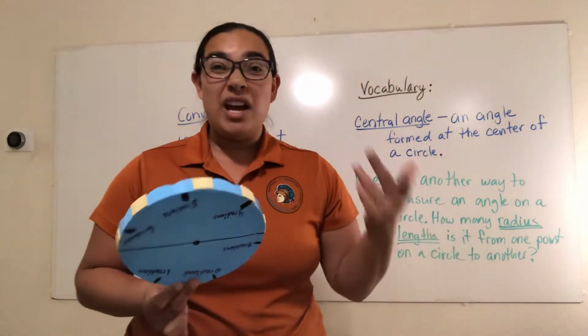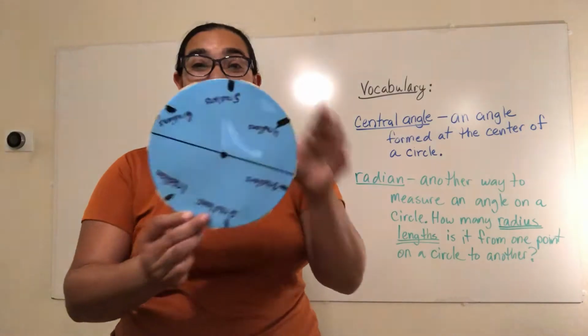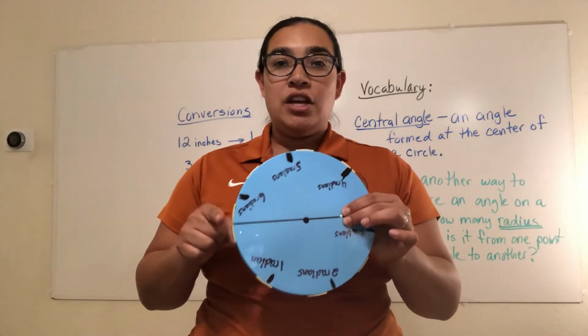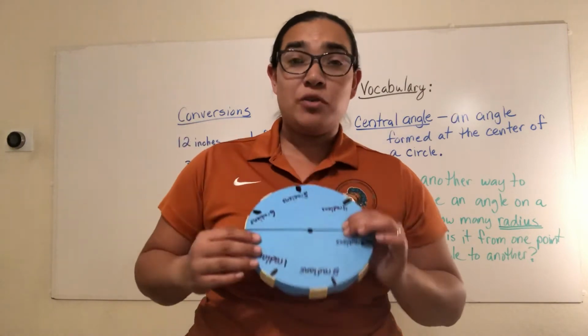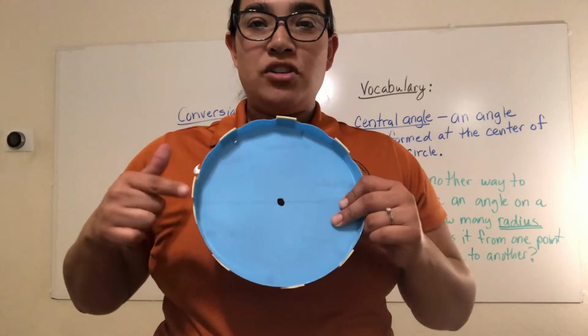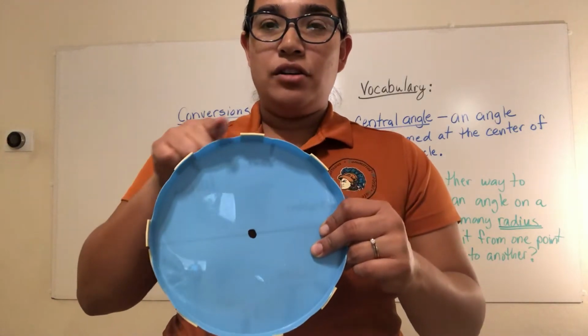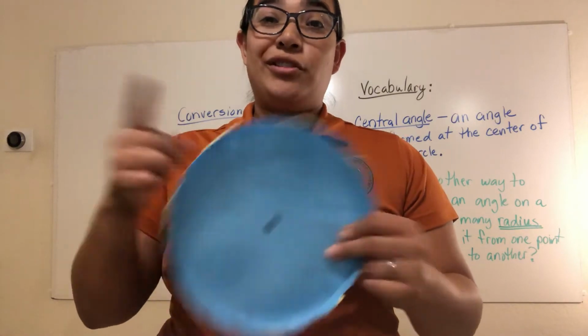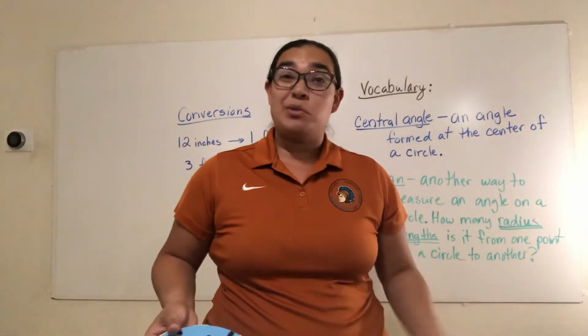You're measuring the distance in length from where your angle starts to the ending point. For instance, with a 90-degree angle, here's where it starts, and we measure the distance around the circle to where a 90-degree angle would stop. You're measuring the length around the circle. That's kind of strange, but that's what a radian is.